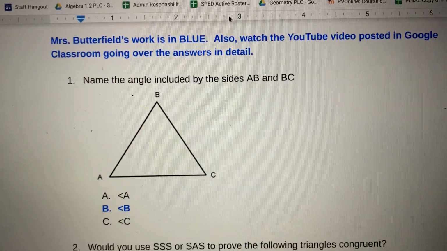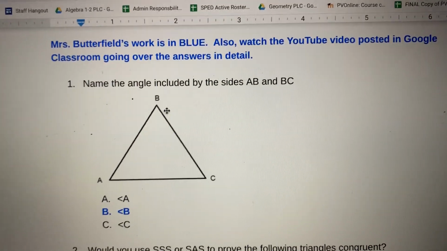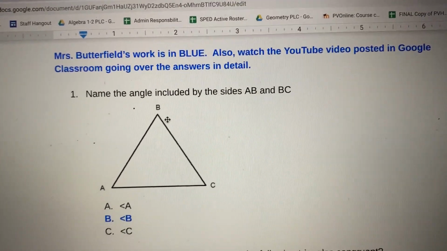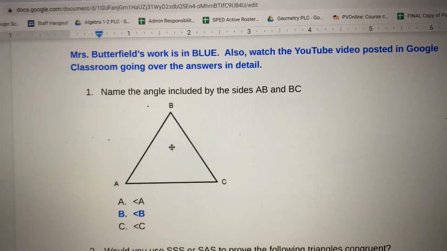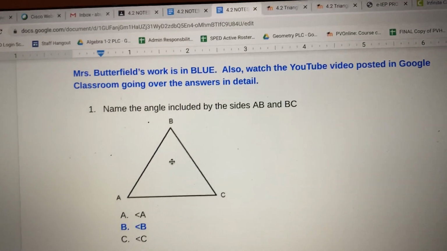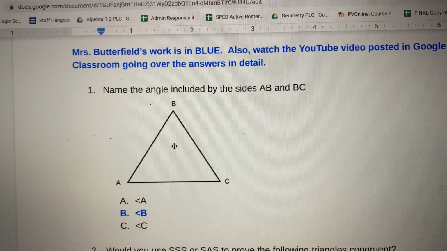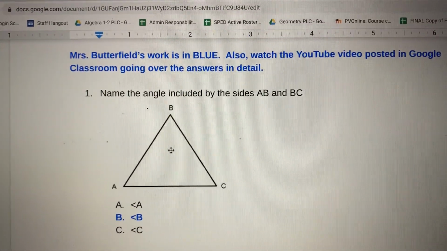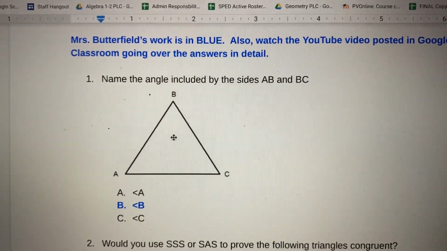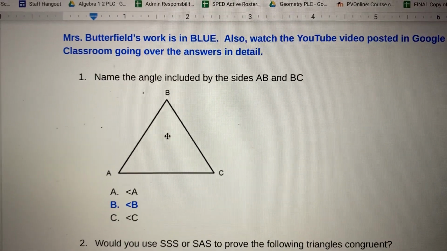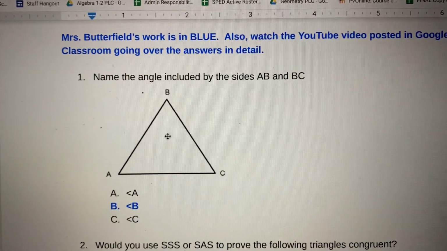So number 1 here is going to be very similar to number 1 on your SR. Number 2 on the practice is going to be very, very similar to number 2 on your SR. I tried to make it as helpful as possible for you because you're used to having me and Mrs. Paul in the class, and now you're on your own. So I think this should be pretty helpful for when you take the SR, which is for points.